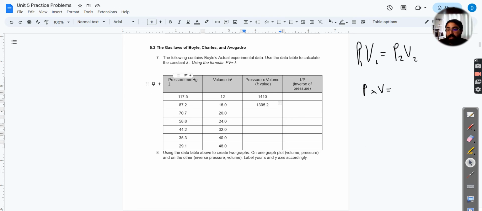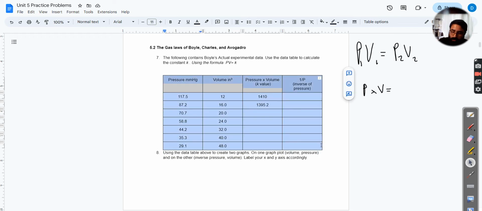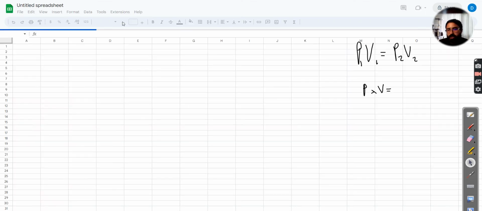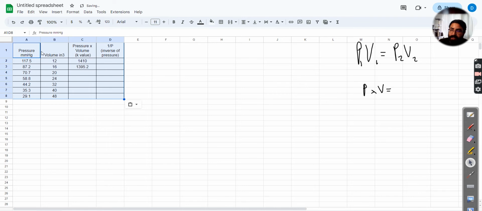Now I'm going to show you a faster way of doing this. You highlight it, Control C. Go to Google Sheets, and we'll open up a new one. Paste it. Highlight the cell that you want to write your things in. So we're highlighting the C2 cell right now.